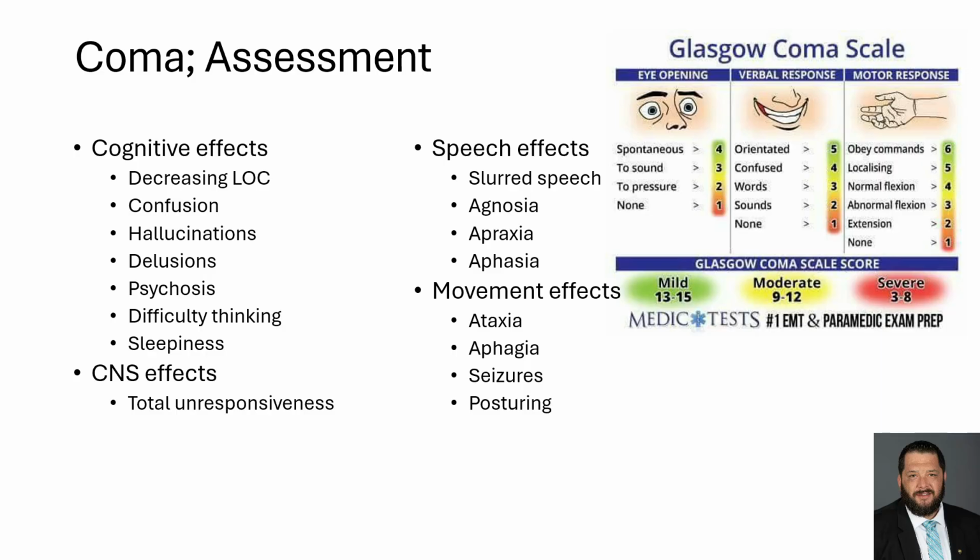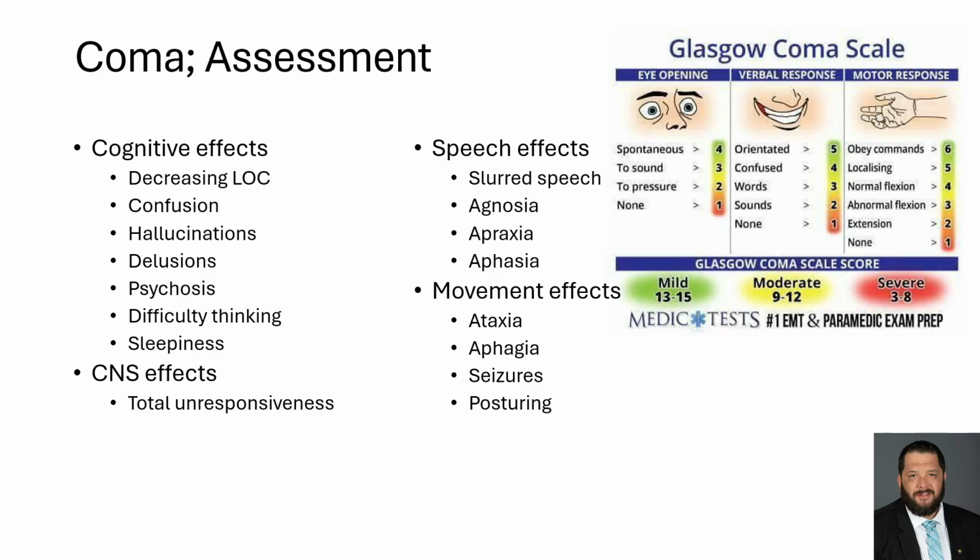As far as motor response, if they obey commands, they would get a 6. If they localize pain or injury, that would be a 5. Normal flexion, and this is something also known as decorticate posturing. That's where the arms and legs, or more specifically the arms and hands, are moved in toward the core of the body.